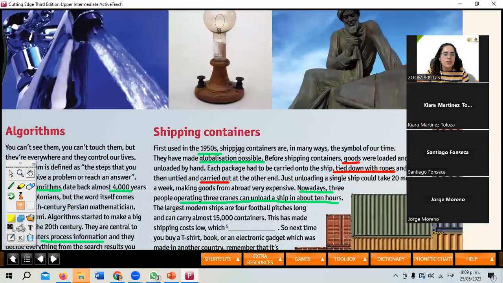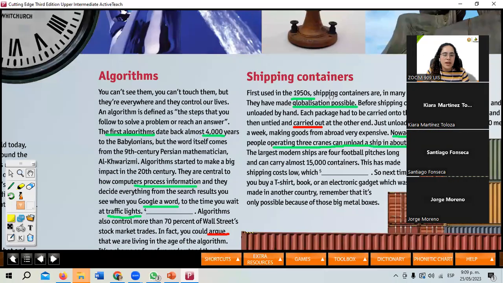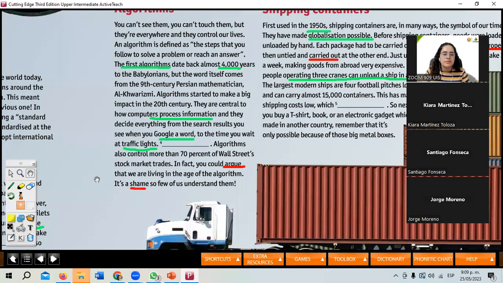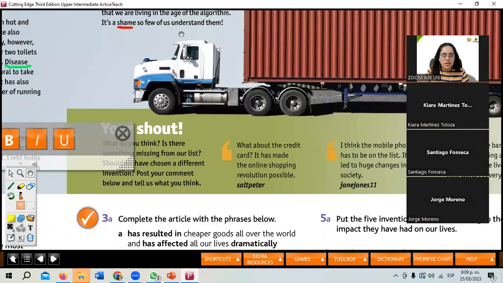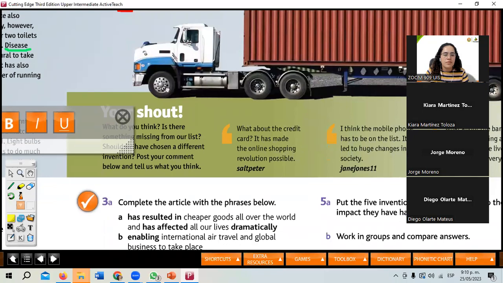All right, continuing with number 4, maybe Diego. Google, a world clock, the time, traffic lights. Diego, it's here. Yes, teacher, I'm here, but I'm not sure.